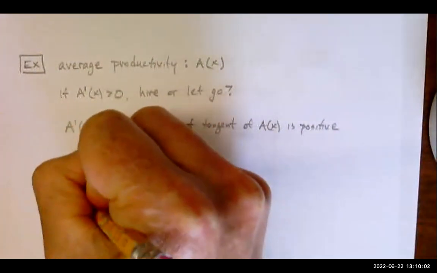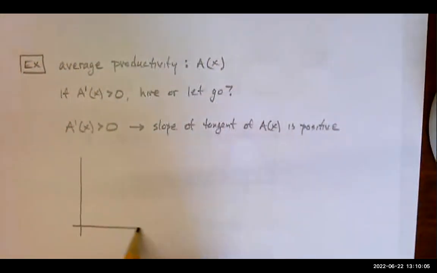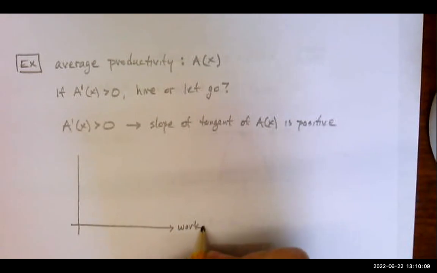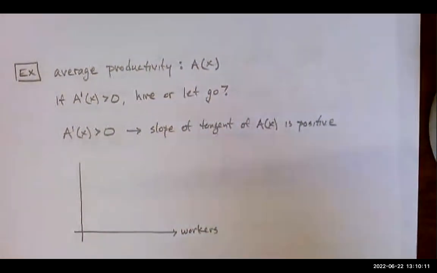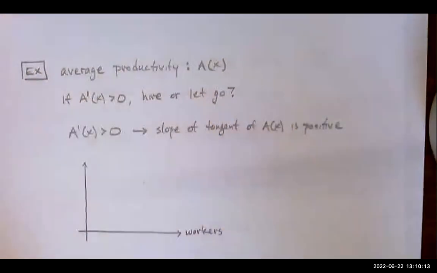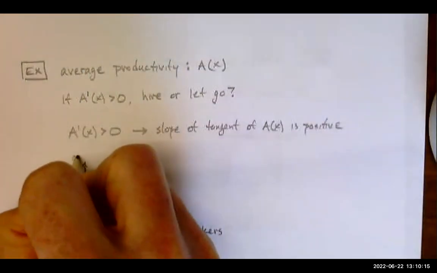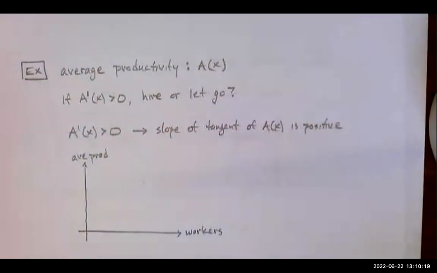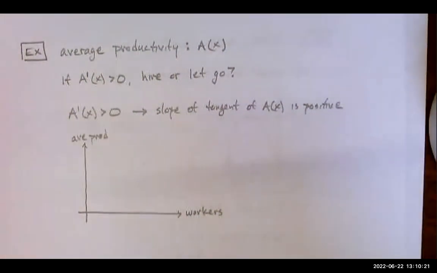So if I do a quick sketch here, let's say this is the number of workers, x, and this is the average productivity. All right, so this is a graph of A of x.